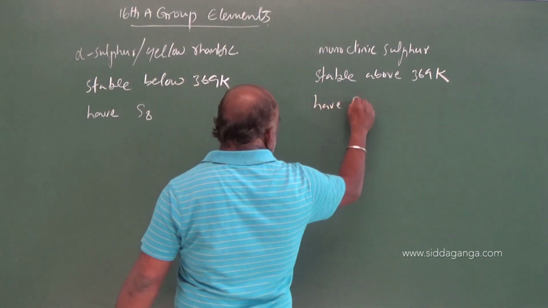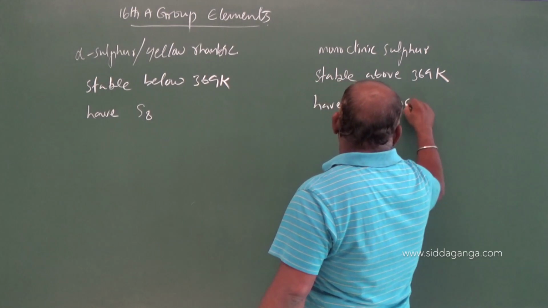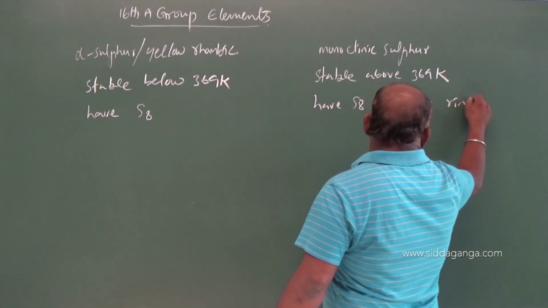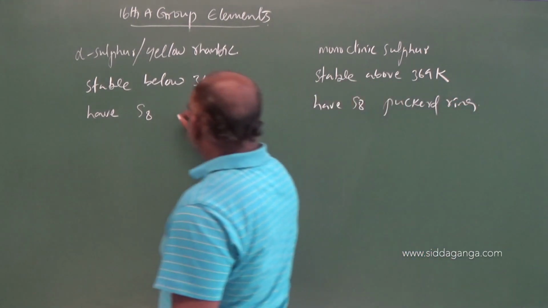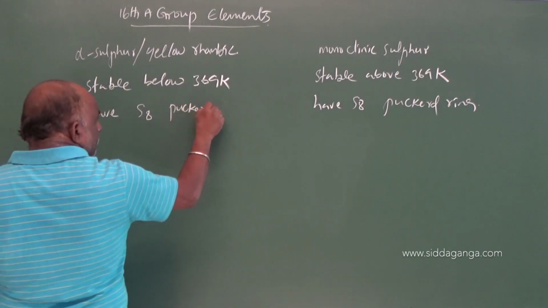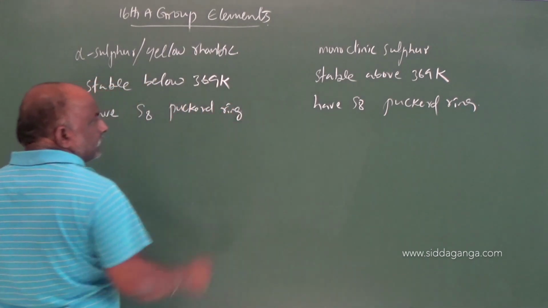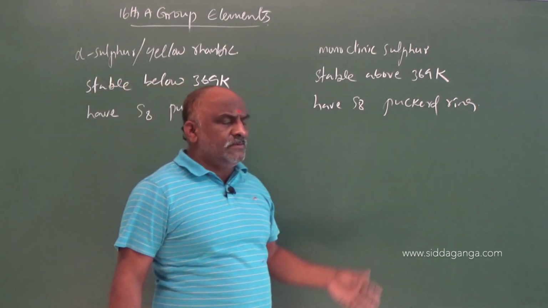Clear? And here both alpha sulfur and beta sulfur have S8, a puckered ring structure. What is the difference between these two?